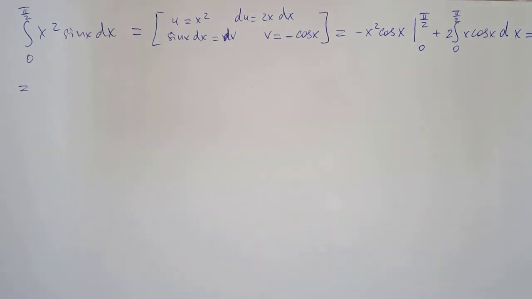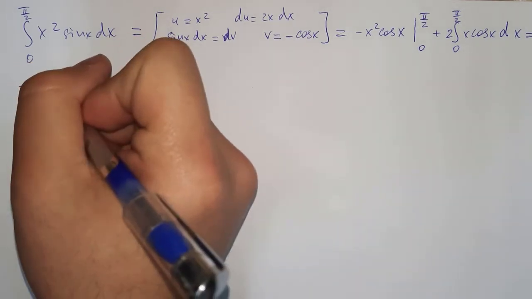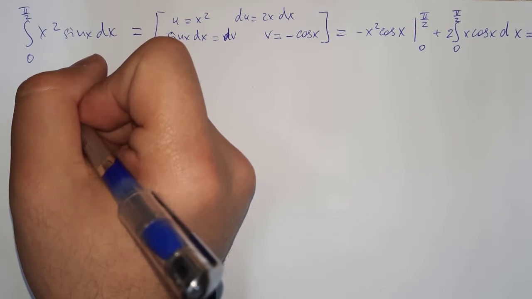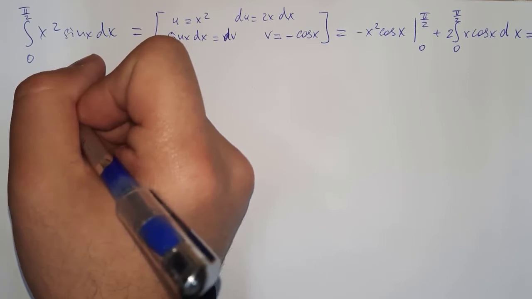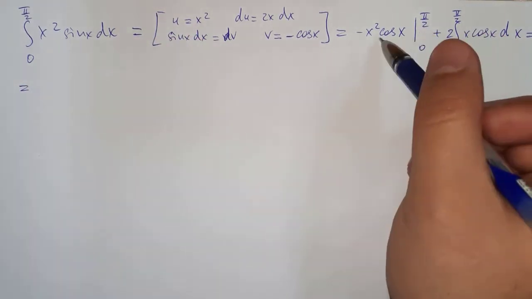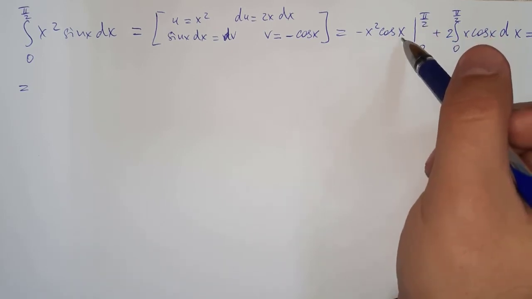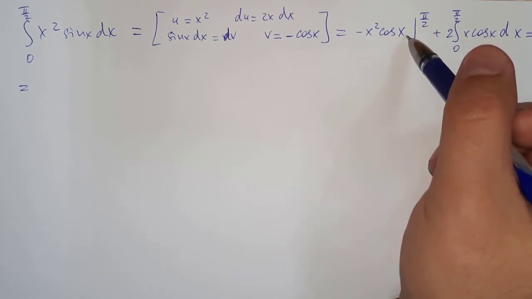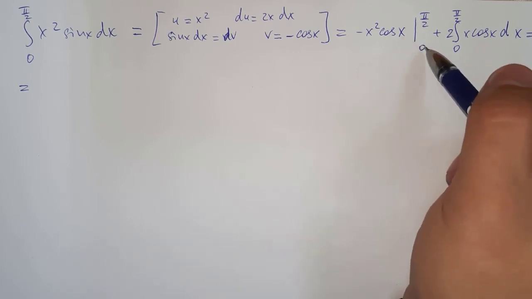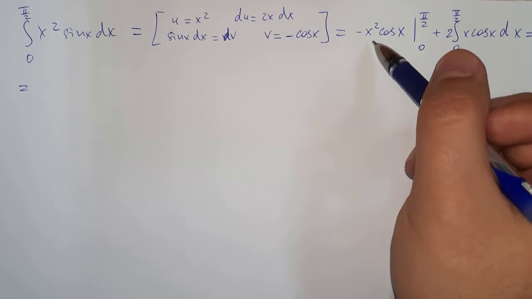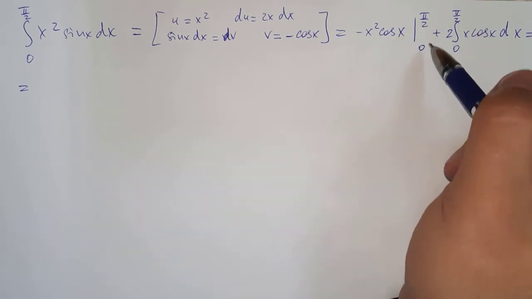So now what we have here, if you put pi over 2, the cosine of pi over 2 is 0. And when we put 0, the first one will be 0. So the product is 0 for these two values.